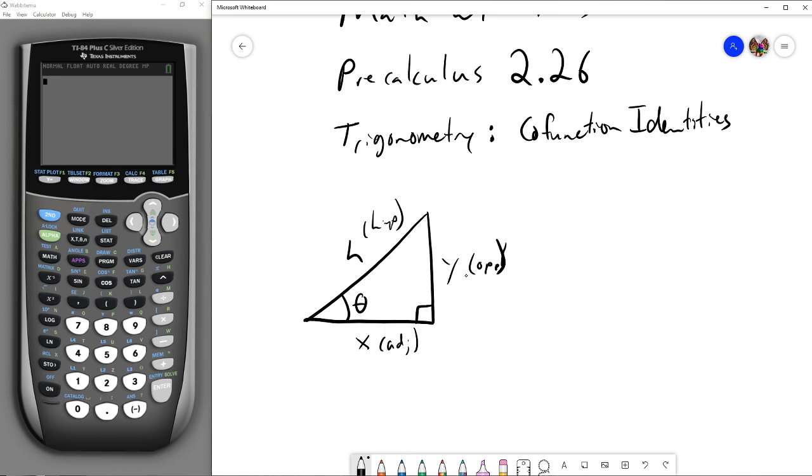And that's precisely what the cofunction identities are all about. So we're going to call this top angle here phi.